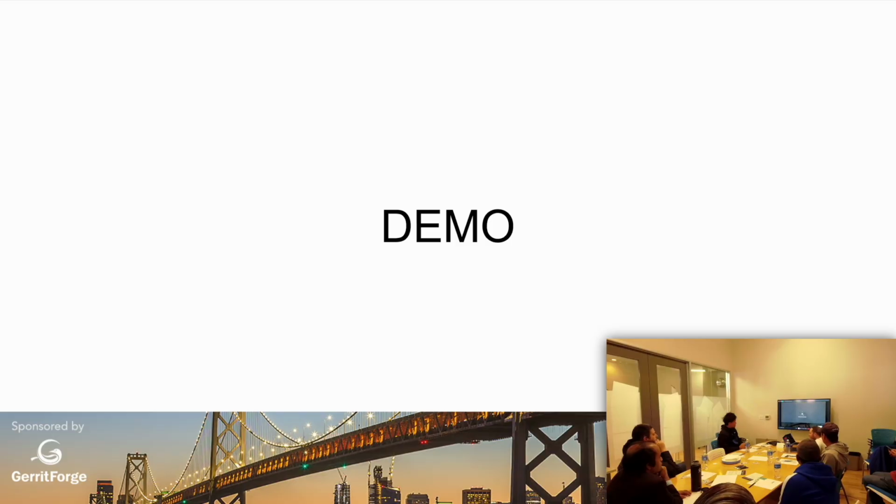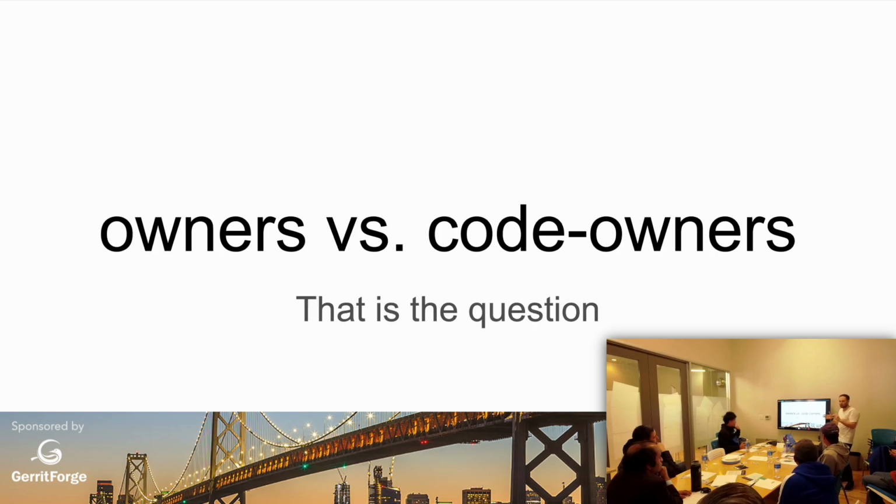So that's the demo done. I'll talk quickly now, as I promised, about the owners plugin versus the code owners plugin, because a lot of people get confused about what the actual difference is. And there's actually quite a few substantial ones. First of all, this maybe is not the most substantial, but they contribute different predicates.